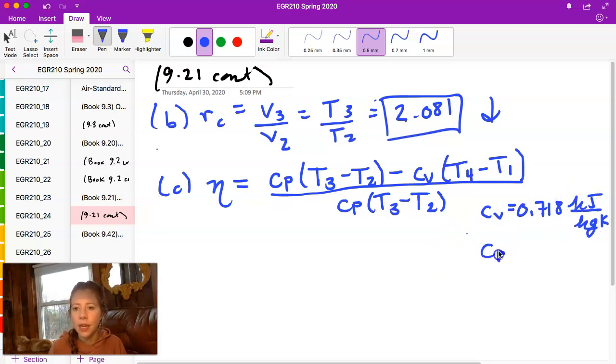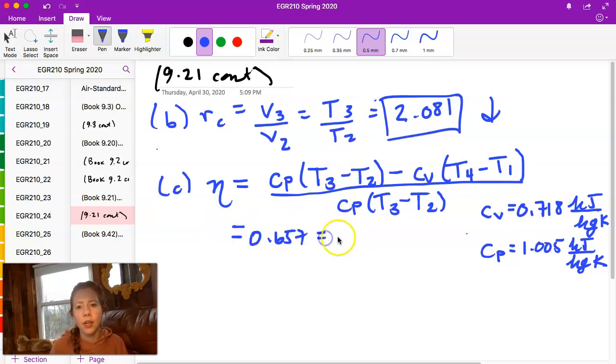You can look up c_p, and that's going to be 1.005 kilojoules per kilogram Kelvin. And so our efficiency is going to be 0.657 or 65.7%. So that is a big increase in efficiency compared to the last problem when we weren't using the cold air standard assumption.